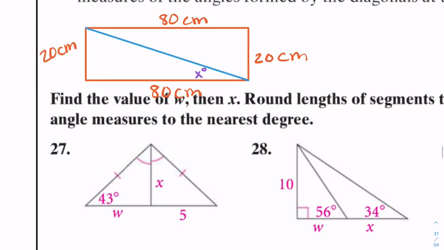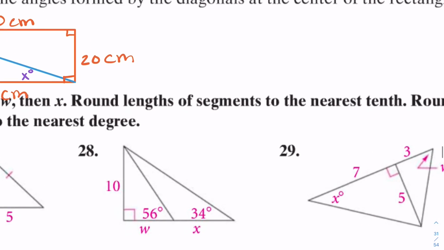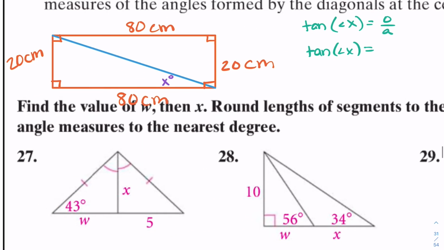Let me put in right angles. I'm going to do the tangent inverse of 20 over 80. So the tangent of angle X equals opposite over adjacent.